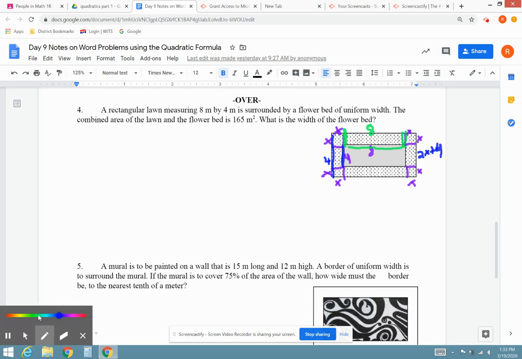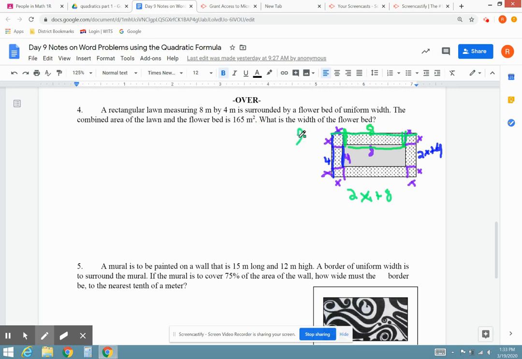And then I know that this is x plus 8 plus x, or the whole thing from end to end is 2x plus 8. Hopefully I'm making sense to you. Okay, so the combined area, this whole thing, is 165 meters squared.